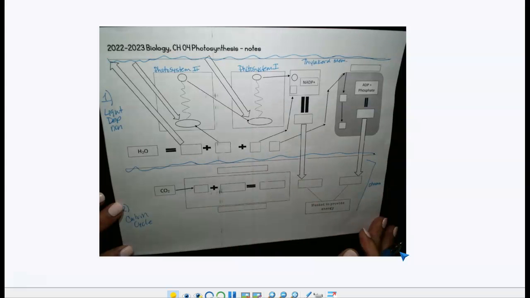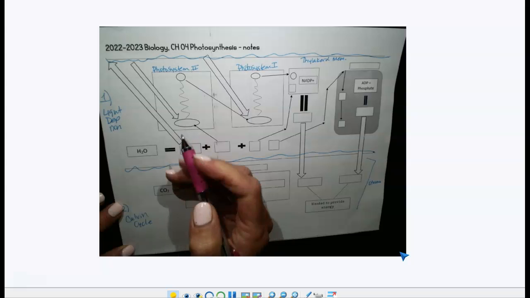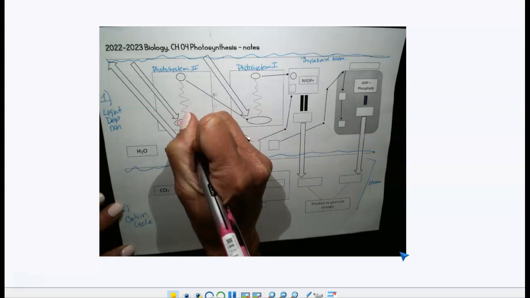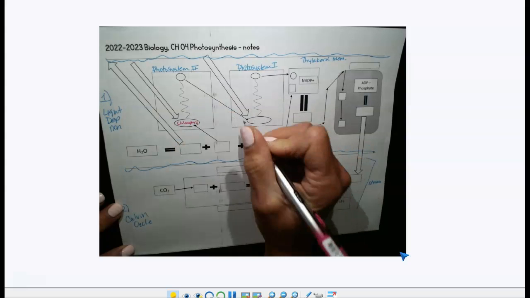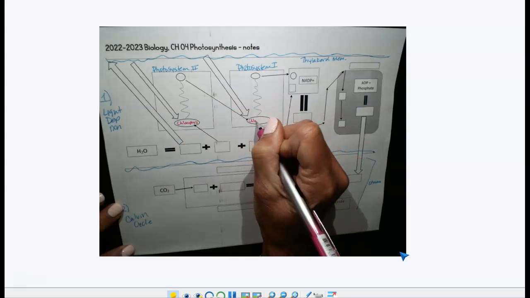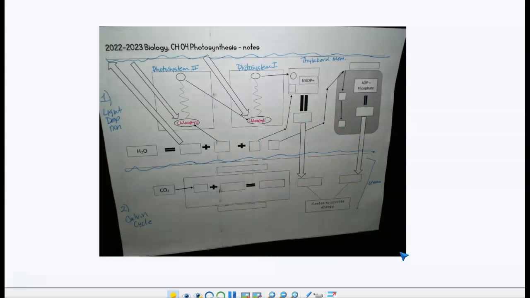Okay? So first things first, this right here represents chlorophyll. And this right here represents chlorophyll as well. Chlorophyll.